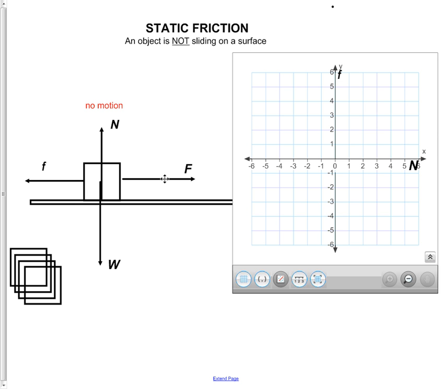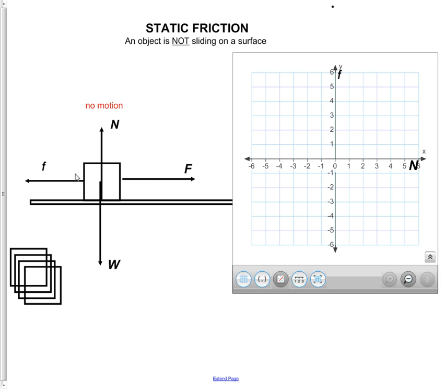If I pull with a little less force than this, I will find that it still doesn't move, of course. So that means that the frictional force is even less. If I pull with even less force than that, in essence, if it's not moving, the frictional force is whatever it has to be in order to satisfy Newton's first law.